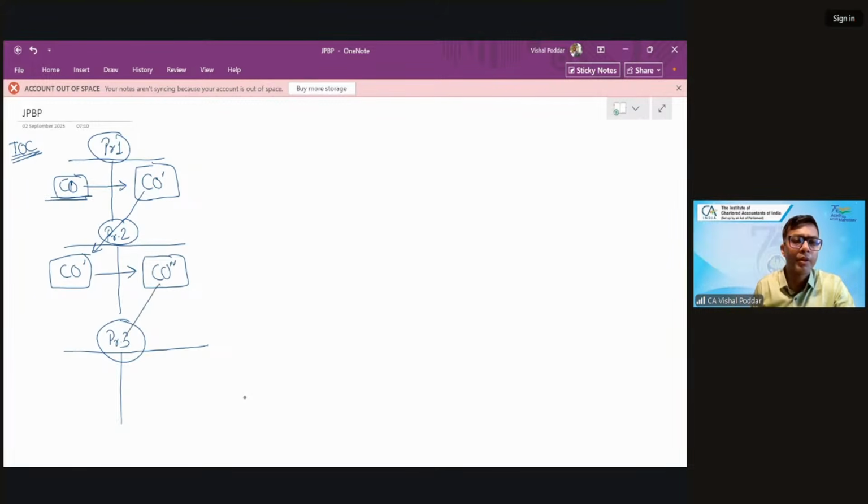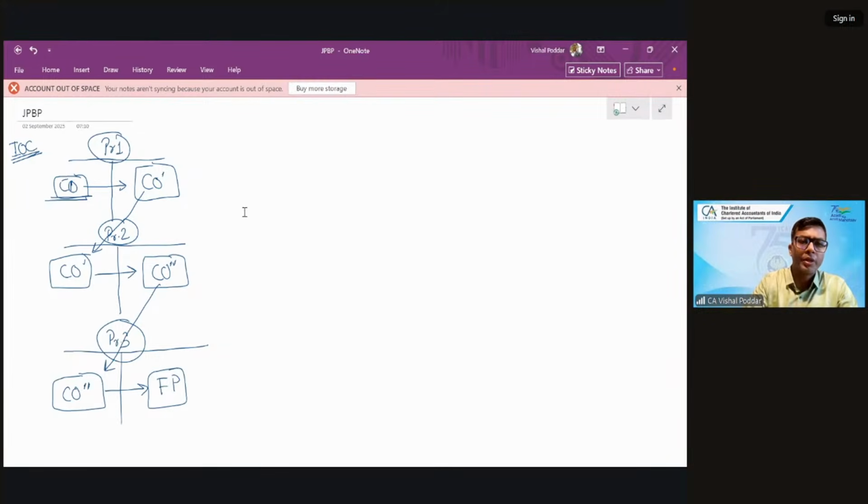This further refined crude oil is the input in process 3. And again, adding more chemicals, more different types of agents, you refine further. Now in this stage, you get your final products, finished goods.